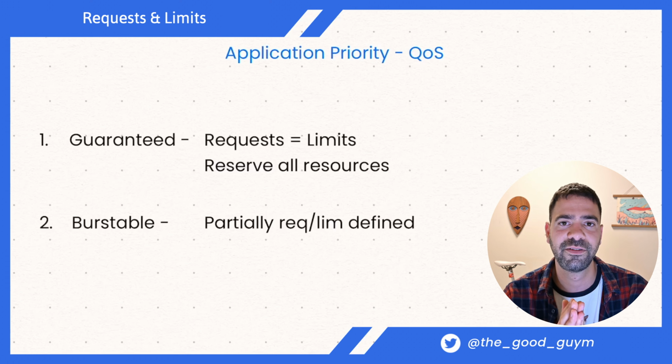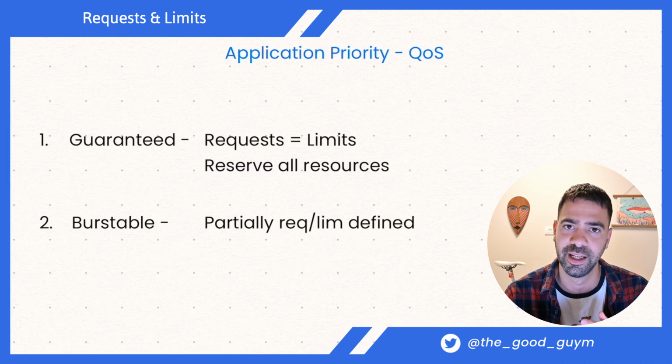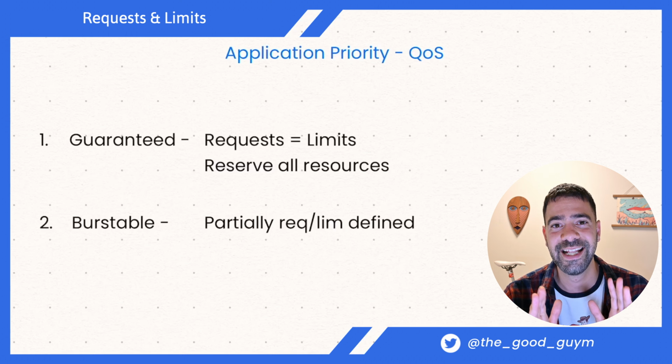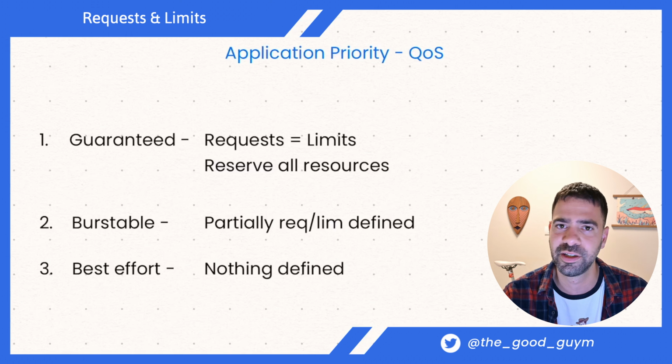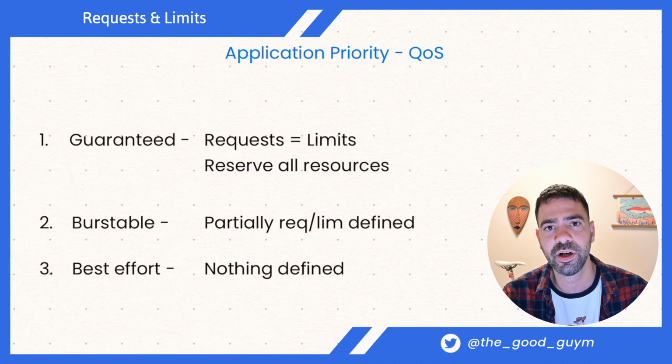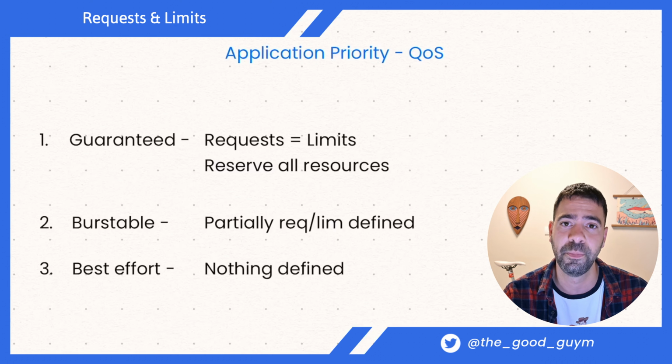It means that for a burstable amount of time, our application is going to consume more than the request, but lower than the limits. And the last quality of service is best effort. If we do not define anything, this is the lowest priority for our application. So anytime you start to run a pod, check the quality of service. Make sure it matches your business needs and what you expect to happen when something goes under pressure.